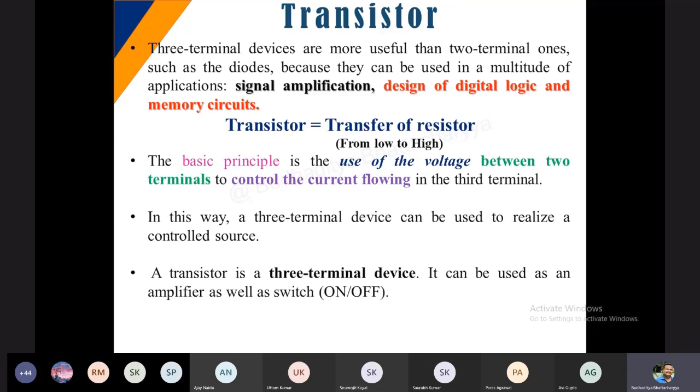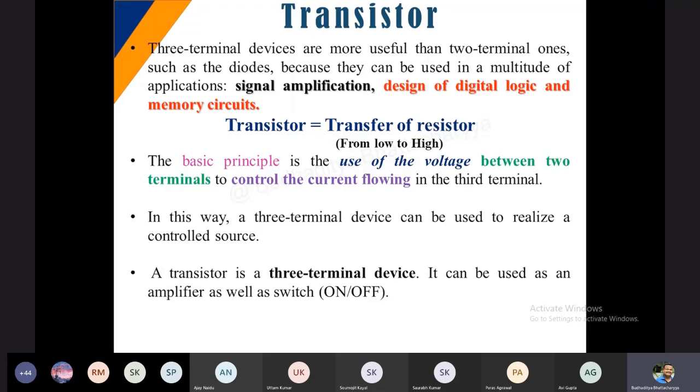Any electronic device working with a signal will definitely require amplification, and the amplifier circuit will not work without a transistor. Then we have the design of logic gates, the binary logic gates that you all know, and memory circuits also. All those elements require transistor operation.